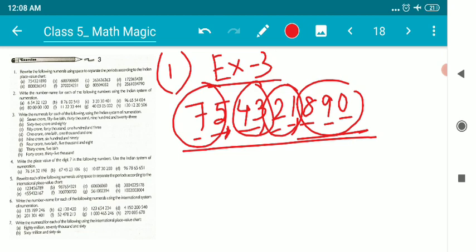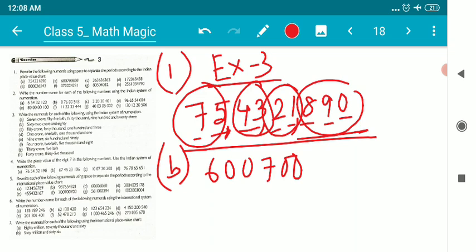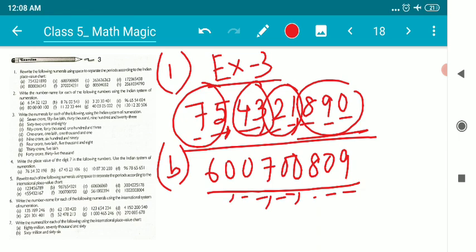Okay, the next number, B, is 6 0 0 7 0 0 8 0 9. In this number we count in this way: ones, tens, hundreds, place a comma; thousands, ten thousands, place a comma; lakh, ten lakh, place a comma; crore, ten crore.